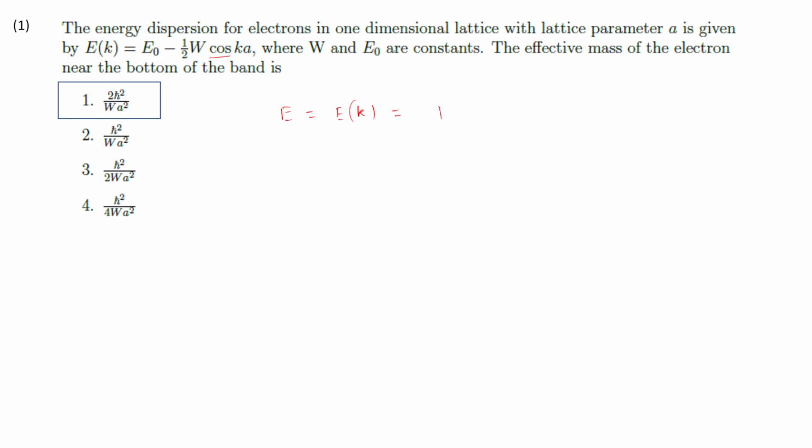It is given as E naught minus W by 2 cos Ka, where W naught is a constant, a is the lattice constant, and E naught is also a constant. We have to find the effective mass at the bottom of the band. So we have to find what the bottom of the band is and what the effective mass is there.